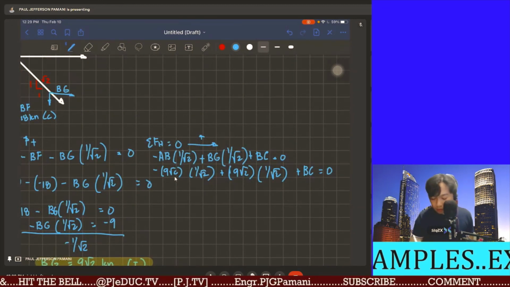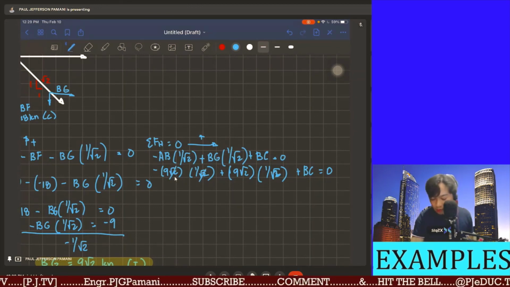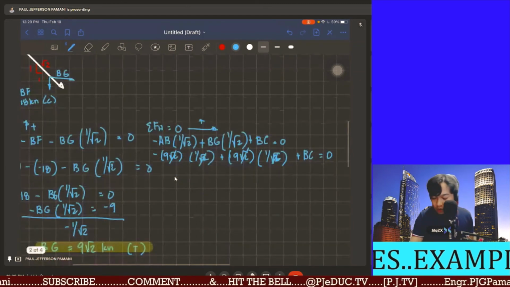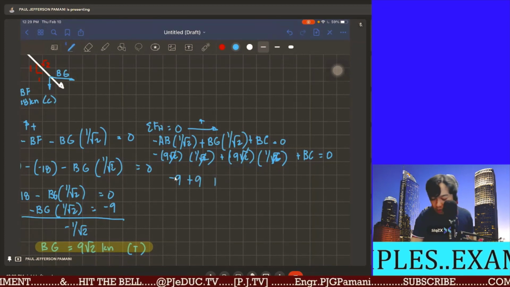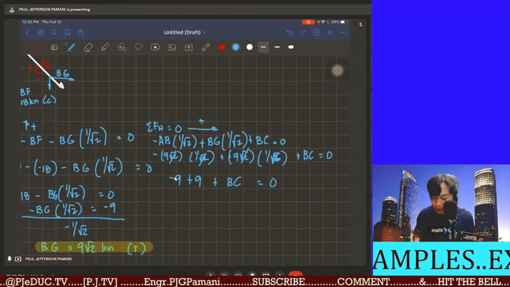Okay? Square root of 2 yan. So, simplify. That is negative 9 plus 9 plus BC equal to 0. Tama ba?